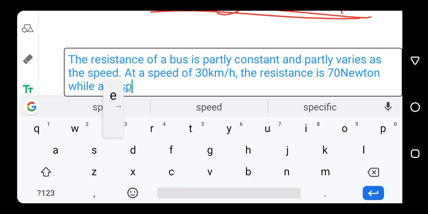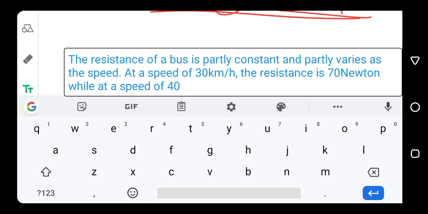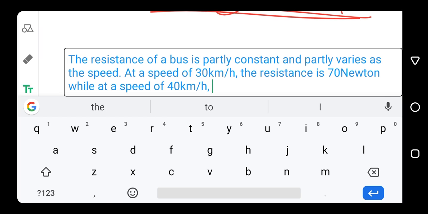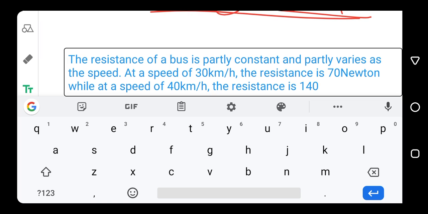Then at a speed of 40 kilometer per hour, the resistance is 140 Newton.